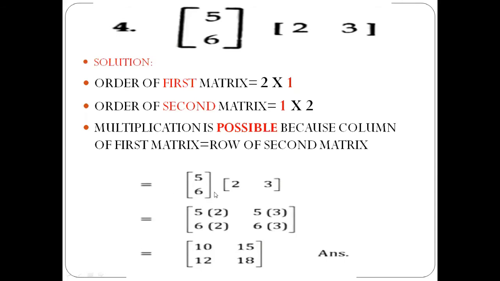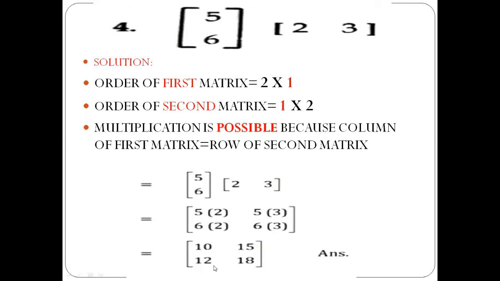Now second row, first column. The second row contains element 6 and the first column contains 2, so 6 will multiply by 2. Now second row, second column: both contain one element, so we multiply 6 by 3. 5 twos are 10, 6 twos are 12, 5 threes are 15, 6 threes are 18.